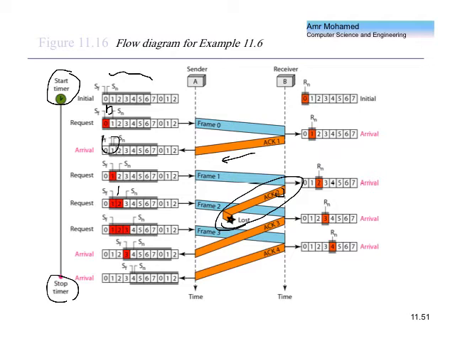Okay? So acknowledgement 3 here will cause the window to slide 2 positions, right? Because acknowledgement 3 indicates that I received frame 1 successfully, I received frame 2 successfully, and I'm expecting frame 3, right? So I will slide the window until I hit the acknowledgement number, which in that case is 3.